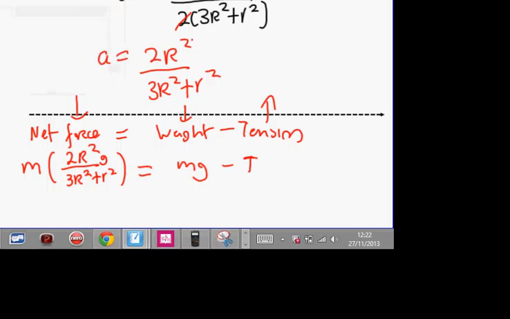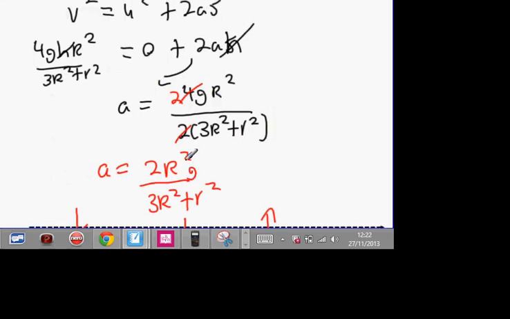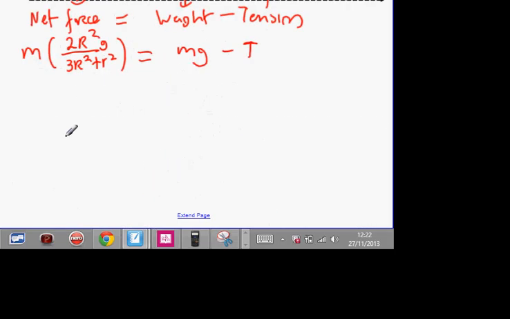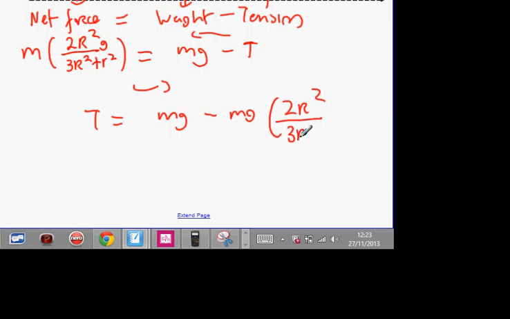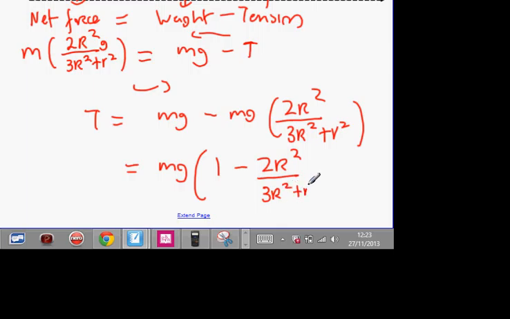Lads, above the dotted line, I had my g, so I forgot about my g in the answer, okay? So there's my g there. So what I'm going to get is tension to the left, all of this to the right, so tension equals mg minus mg multiplied by 2R squared divided by 3R squared plus small r squared. Next, factorise out the mg and get 1 minus 2R squared over 3R squared plus r squared.